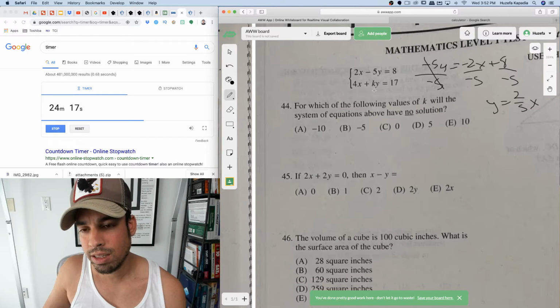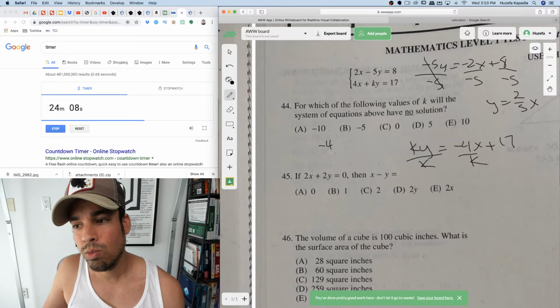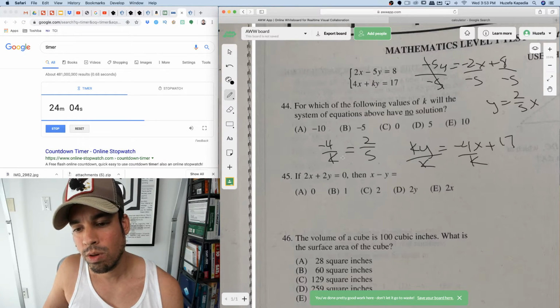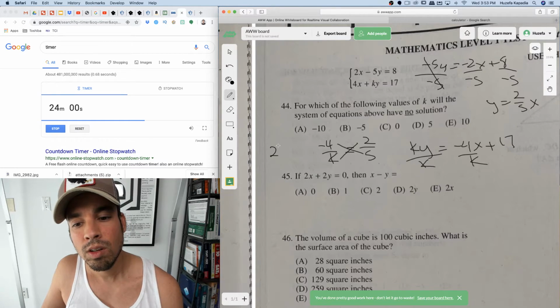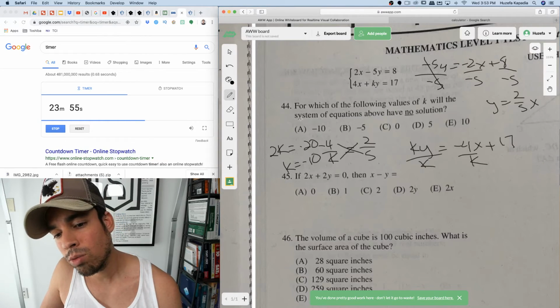So how do we get this slope to equal 2/5? So ky equals negative 4x, divided by k. So when will negative 4 over k equal 2/5 for what value of k? Cross multiply. 2k equals negative 20. Divided by 2, k equals negative 10.